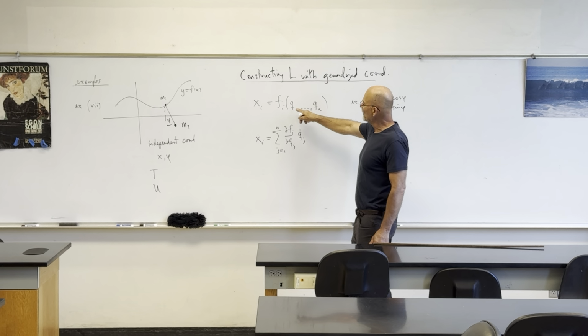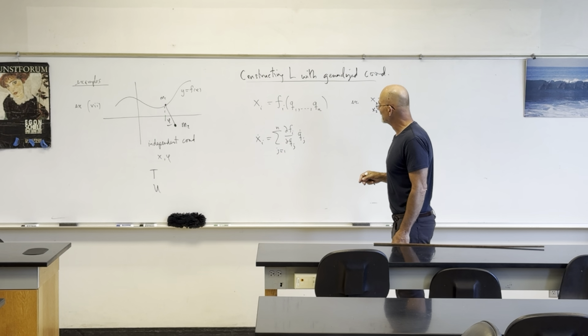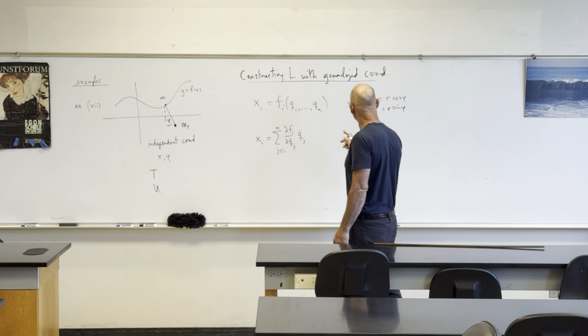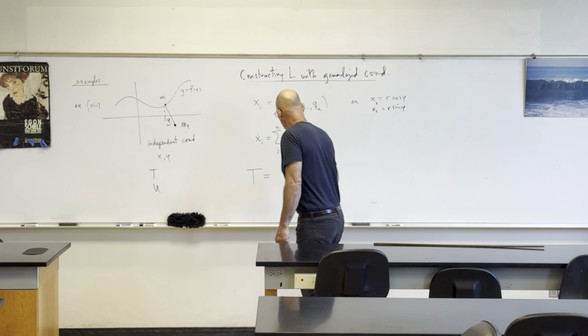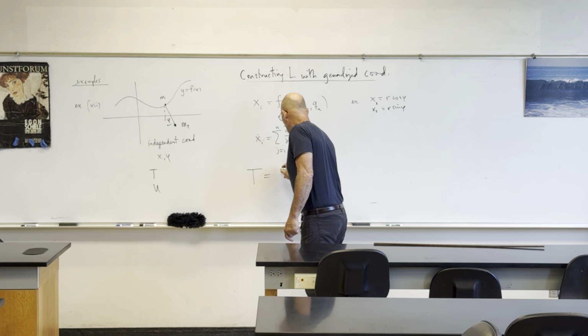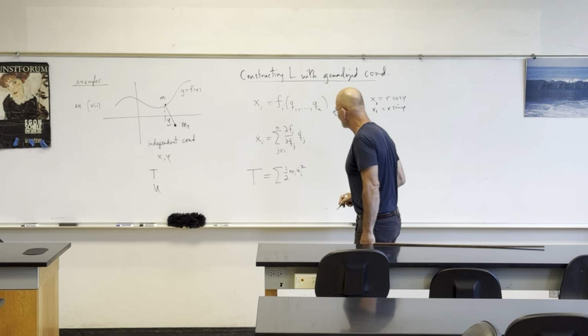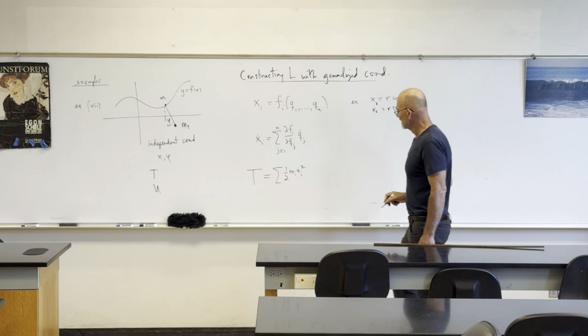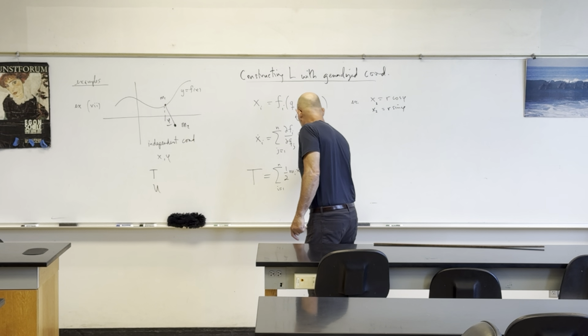It's like a single variable chain rule, but then you sum over all possible ones. So watch this. This looks kind of intense. Now the kinetic energy, we have to go back to our fundamental definition, the sum of m sub i x sub i dot squared, summing from i equals 1 to n.